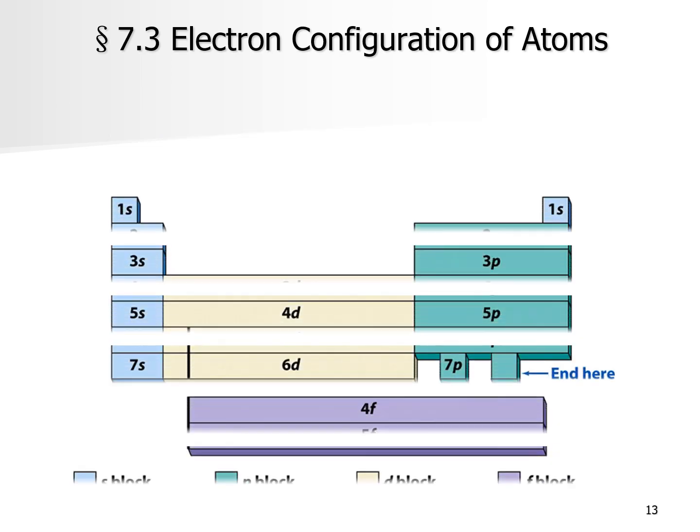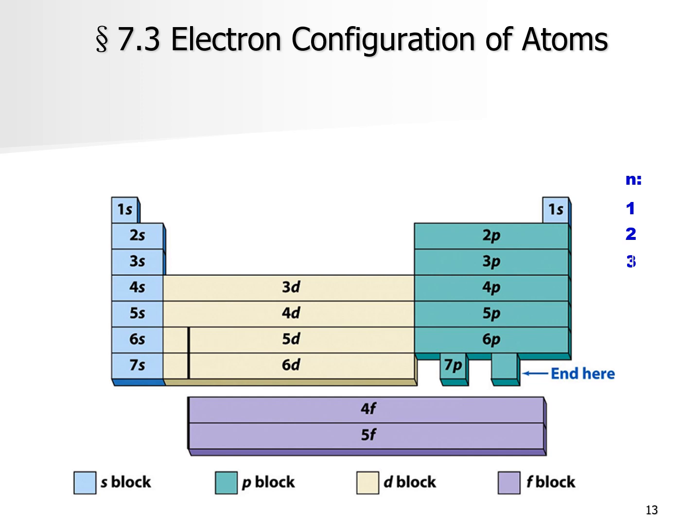All right, so after we finished those 18 elements in the fourth period, we have a pretty good feeling about the elements in the entire periodic table. Now we realize each row from top down indicates the value of n.